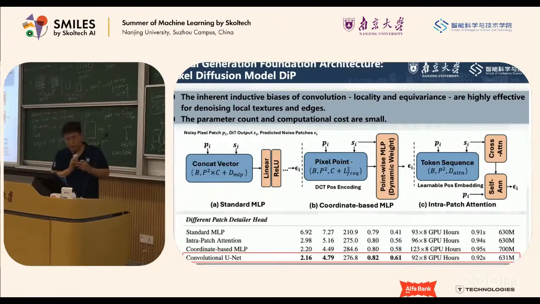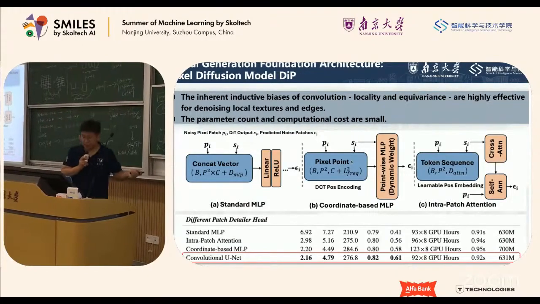So we finally use a convolutional structure for local refinement because convolution provides locality and translation equivariance. And these inductive biases are effective for denoising textures and edges, while the additional parameter and computation cost remain limited.